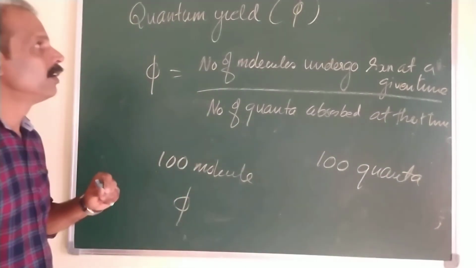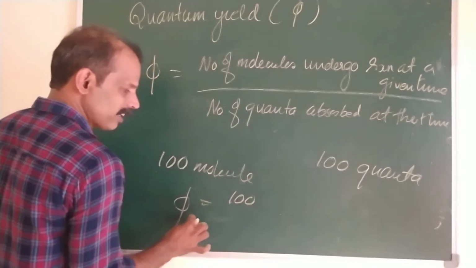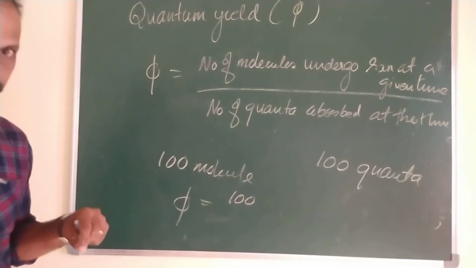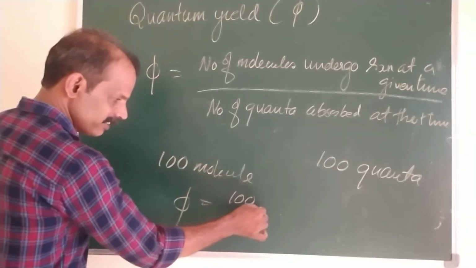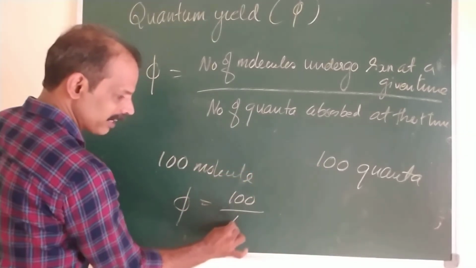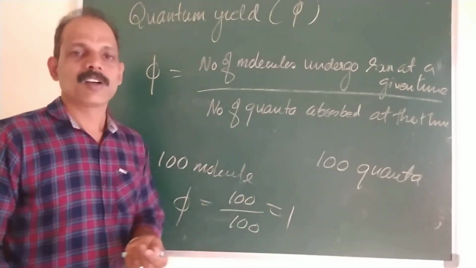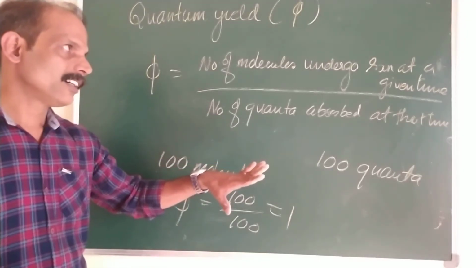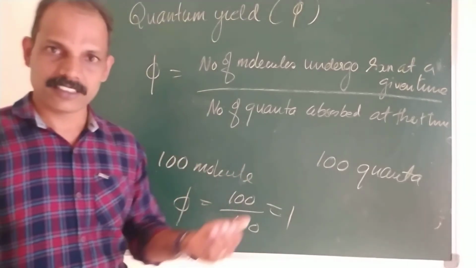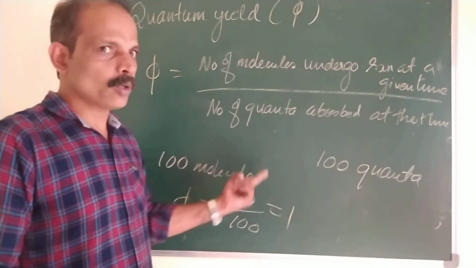So quantum yield phi is equal to the number of molecules undergoing chemical reaction, expected, is 100, divided by the number of quanta absorbed, which is 100, which is equal to 1. So the quantum yield of every photochemical reaction, that is the expected value, is 1. But actually it is not 1.